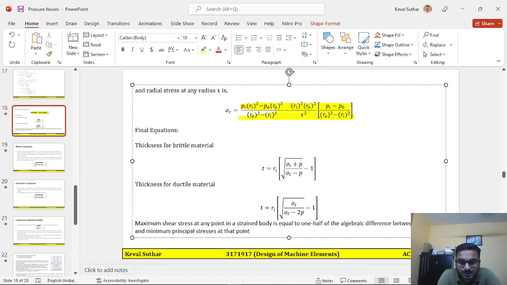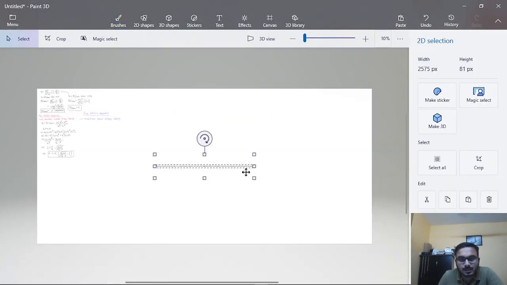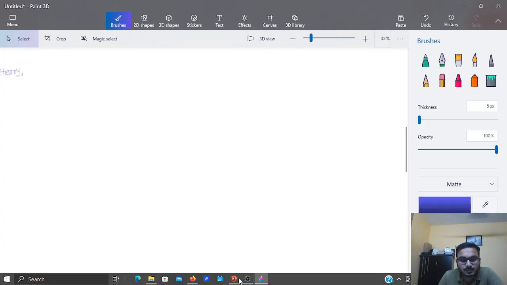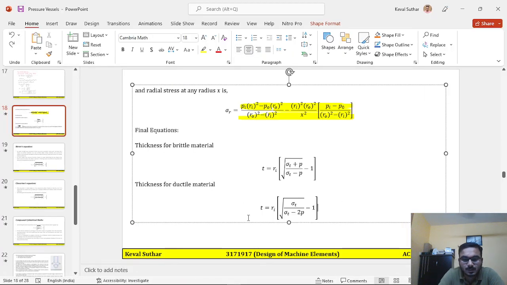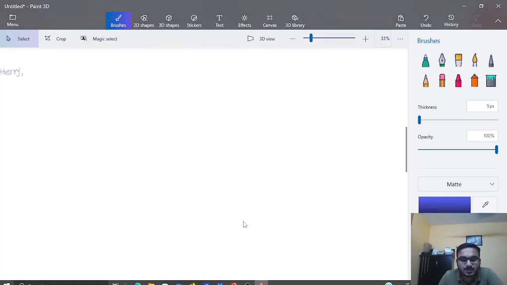So this is the principle that we are going to follow. Let me copy this over here. We will keep it here so you can read it if you want to. So we will utilize this principle over here.